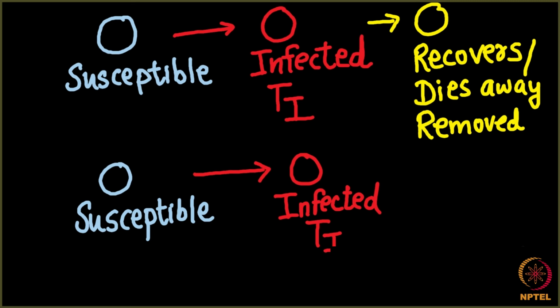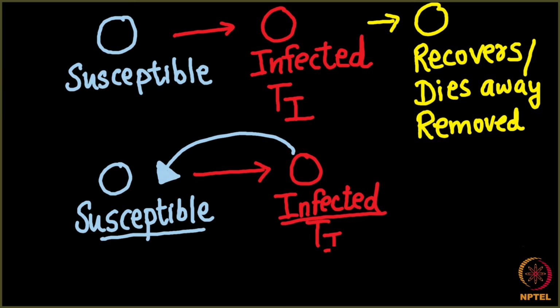And after this period of time, it again goes back to the susceptible state. So there is no recovered state. After some time, this node becomes susceptible again. Then it might come in contact with an infected person and again become infected, and so on.